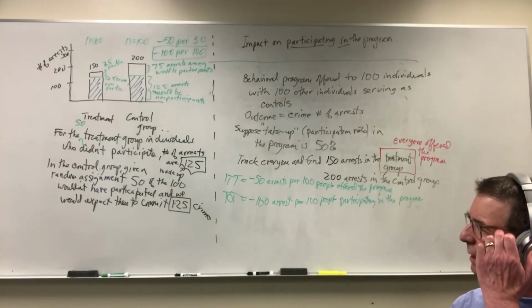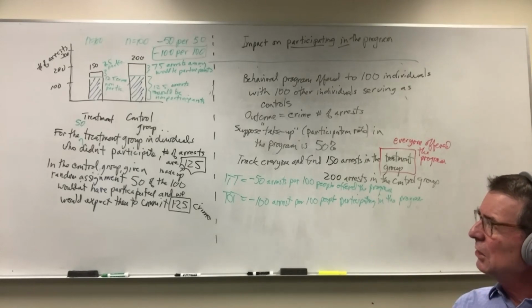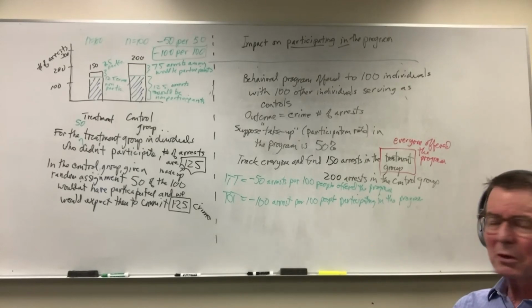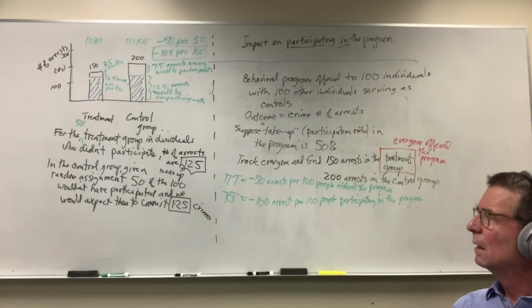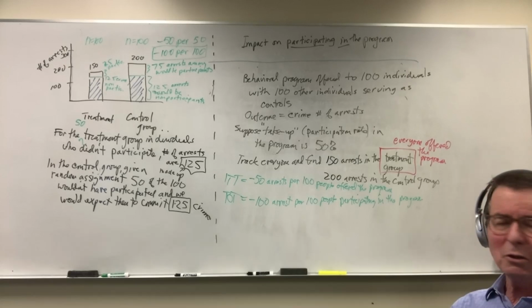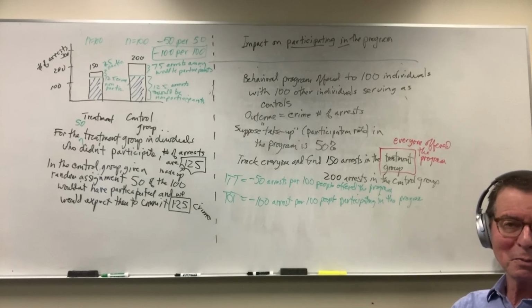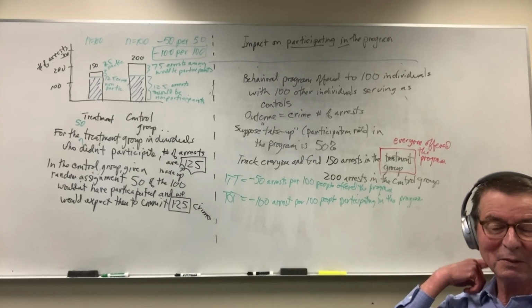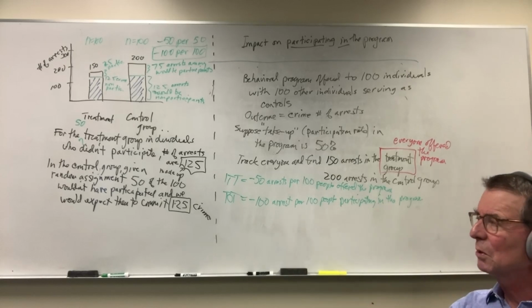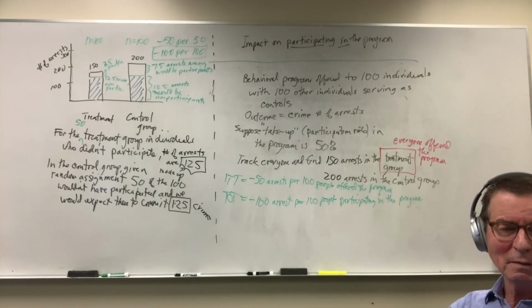I should say, with ITT, if you have a program that you want to roll out, you can't control who participates in the program. You can control who's offered the program, right? So let's say you've got this wonderful vaccination program. What's the impact of the vaccination program on the population?